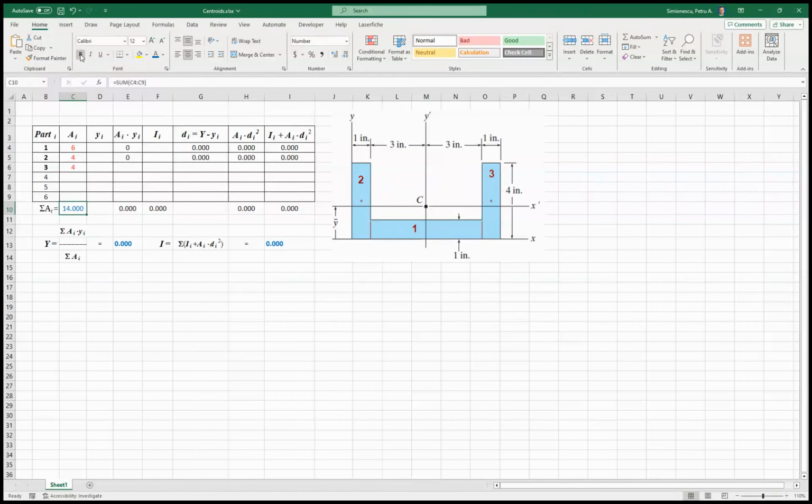First results. And then we're looking at the centroids of the three shapes, three rectangles, about the x-axis. So the first one, we read 1 inch here, so this is 0.5. Second and third, they're 2 inches from the x-axis.